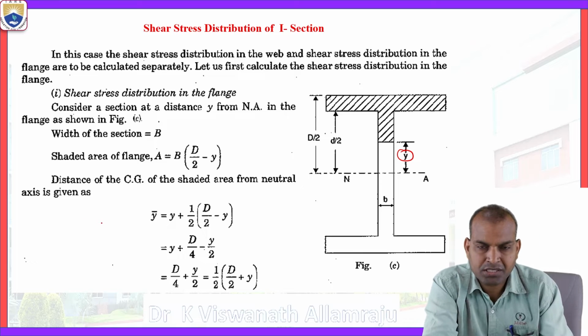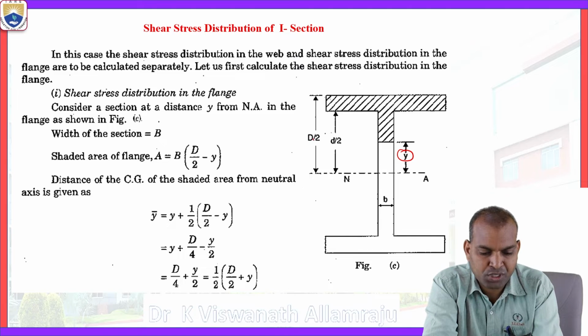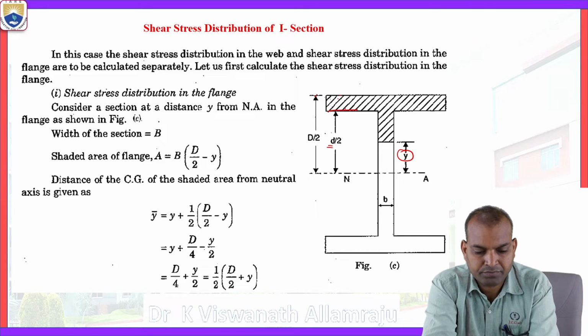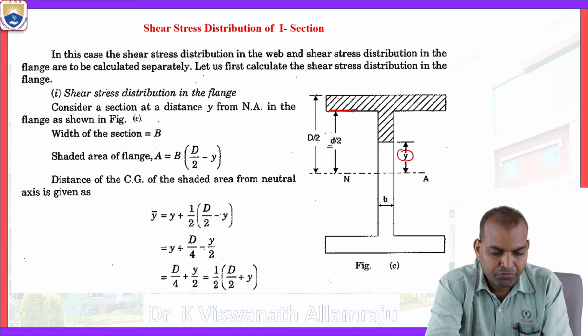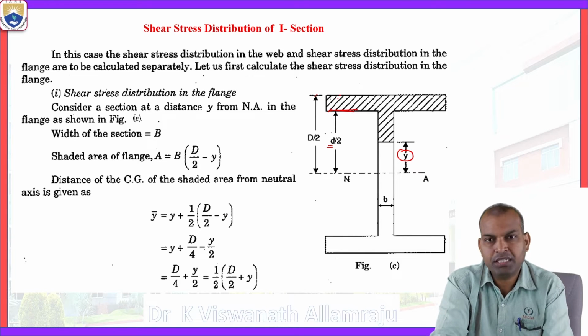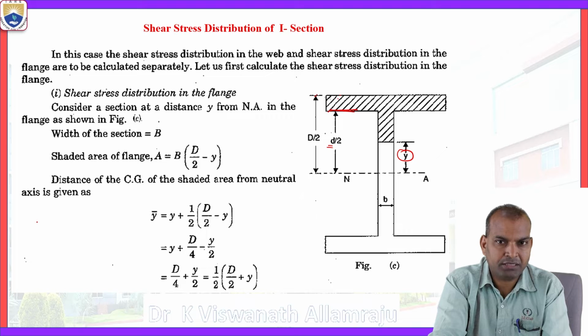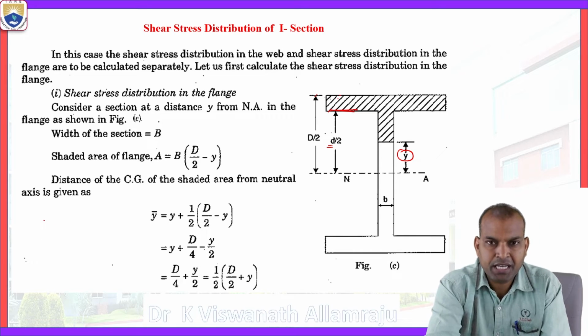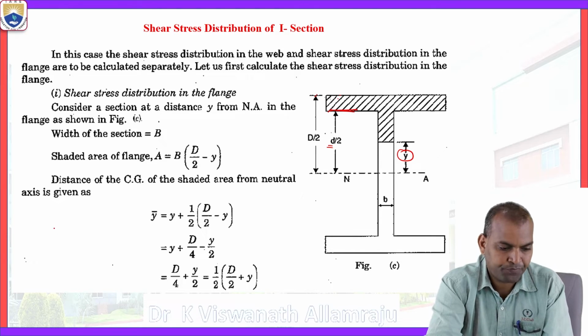From the neutral axis, the overall depth is D by 2 to the topmost flange, and inside the web, the depth of the web is small d by 2. What do we need here? We need A y bar: the area of this shaded area, and y bar, the distance of the centroid of the shaded area from the neutral axis.